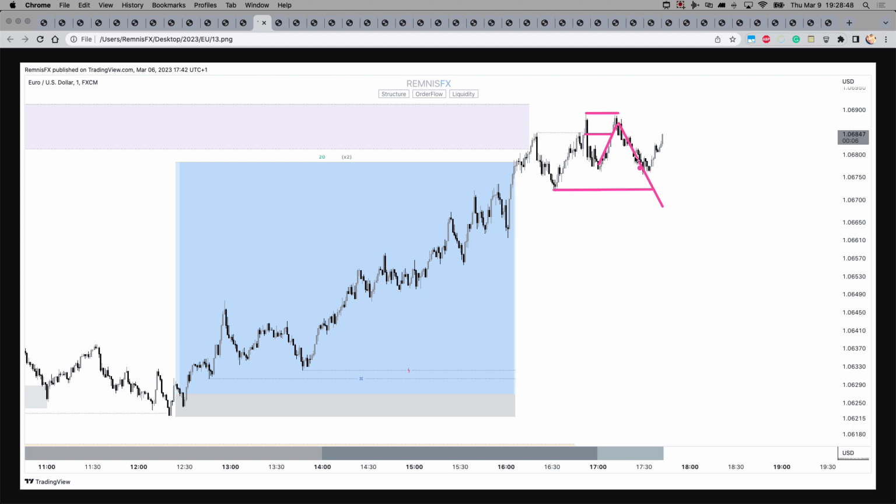But then it did not break this low, neither created inducement, something like this, right? So it did not do that. So at this point, I just skipped the entry type 3 for the time being, and I was just patiently waiting to see what price action would do now, right?